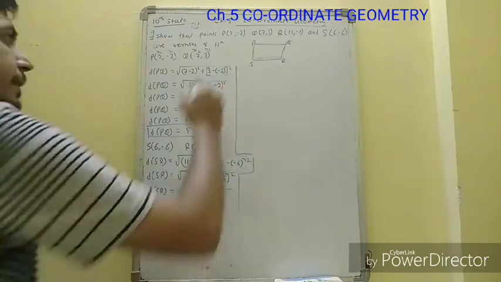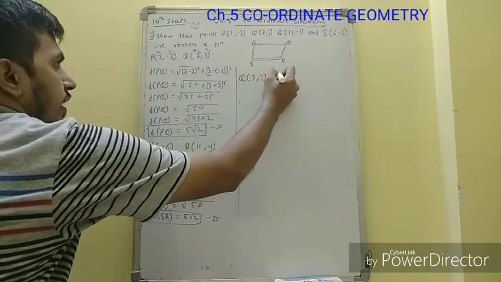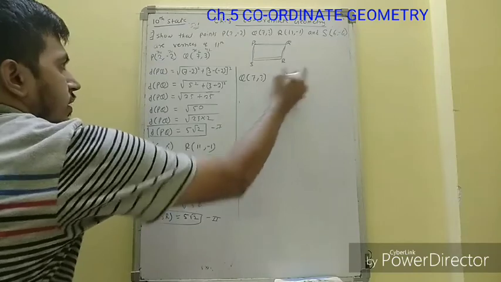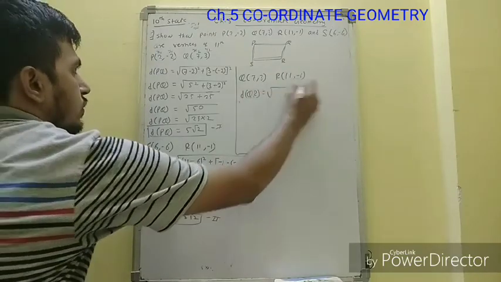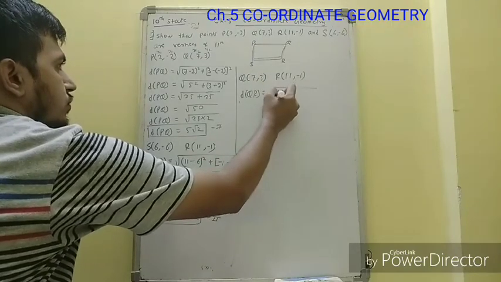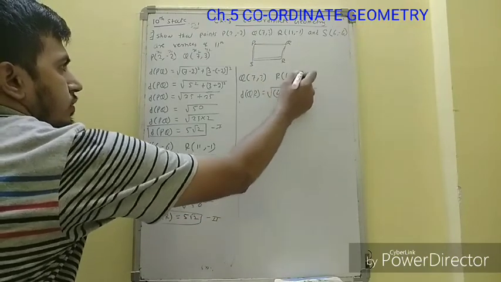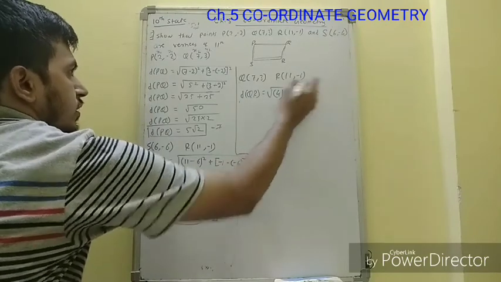Now Q is (7, 3) and R is (11, -1). So distance QR is equal to the square root of (x2 minus x1), 11 minus 7, that is 4 squared, plus (y2 minus y1), (-1 minus 3), the whole squared.